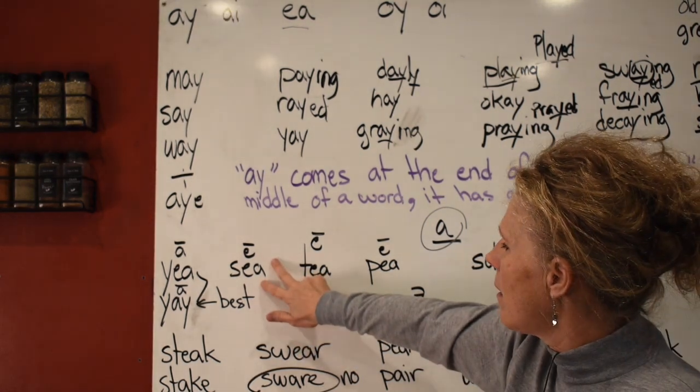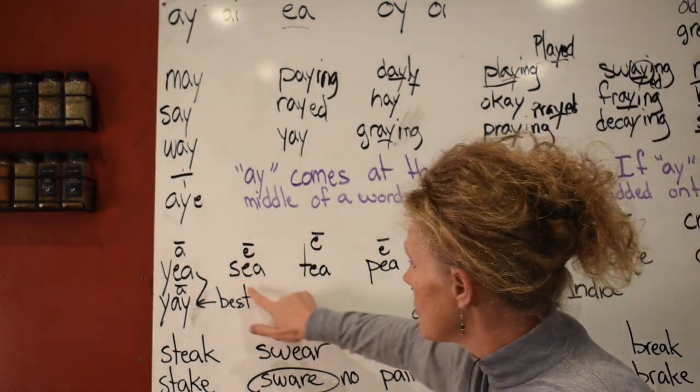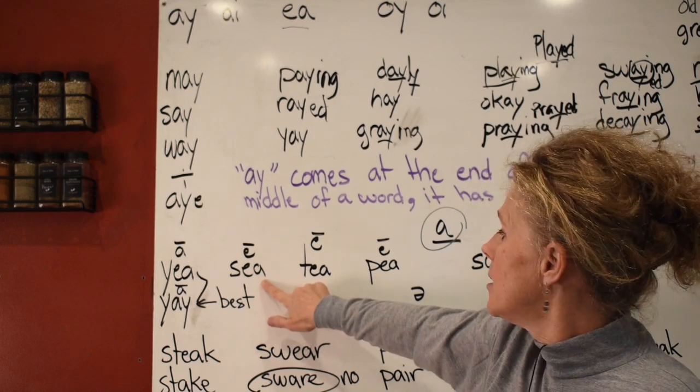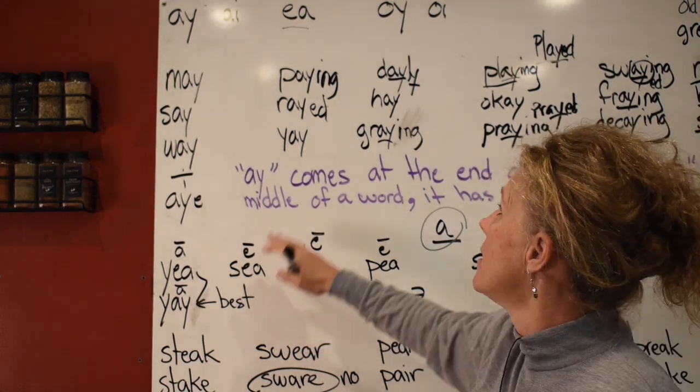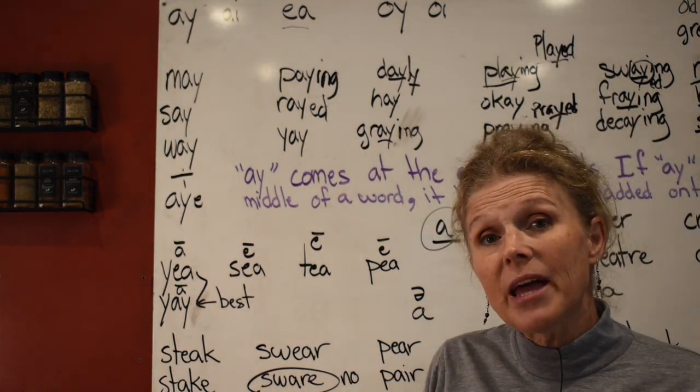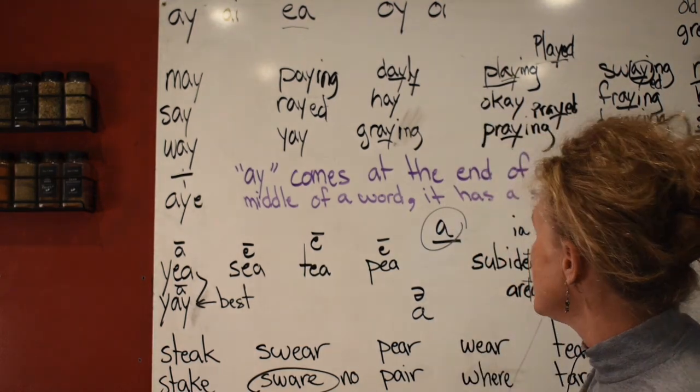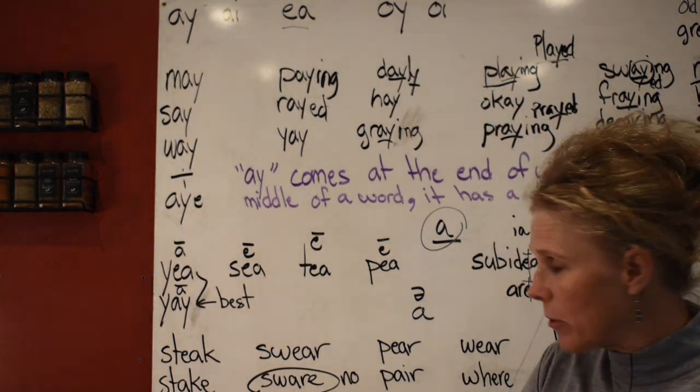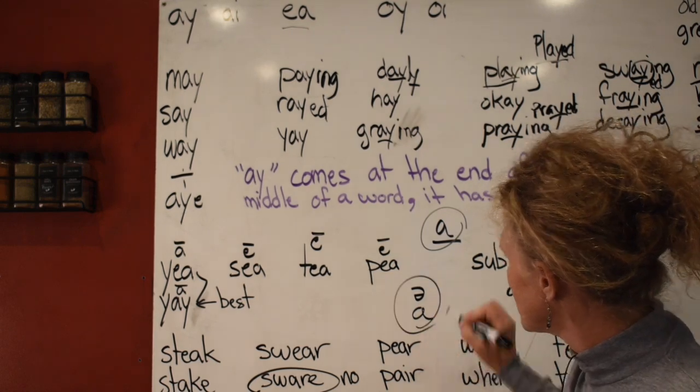But also, you're not going to have EA say A at the end of a word because it's going to break apart. Remember what we talked about. It turns to schwa.